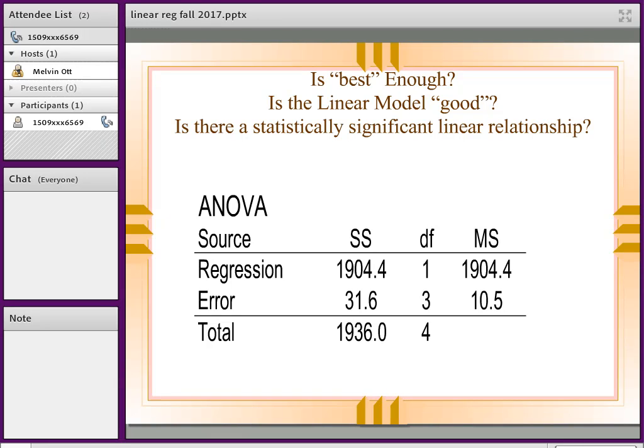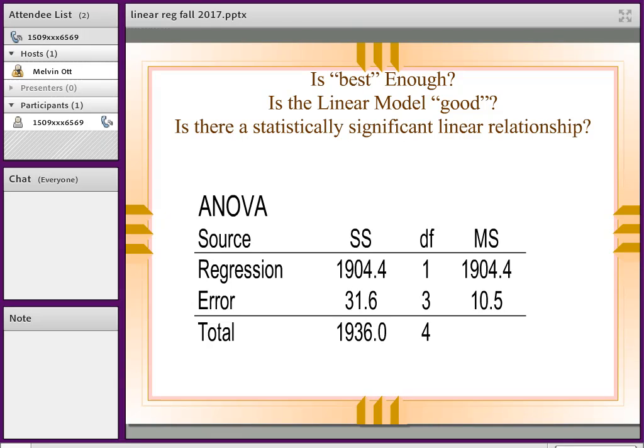I have 5 data points, so n minus 1 here is 4. N minus 2 is 3. My sum of squares regression, found by subtraction, with 1 degree of freedom, is there. And so my mean squares then are 1904.4 divided by 1, and 31.6 divided by 3 comes out to 10.5.